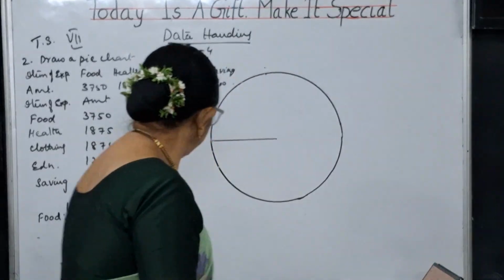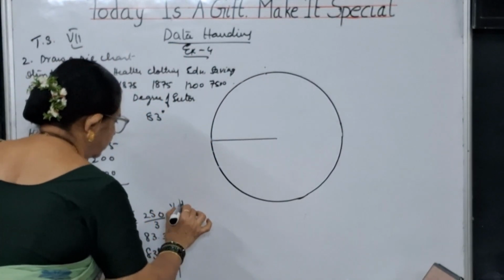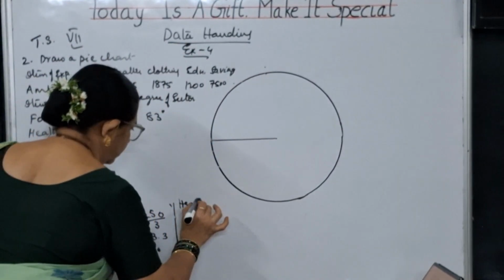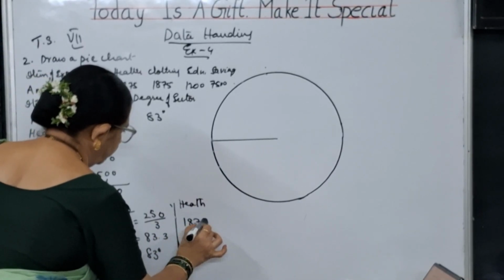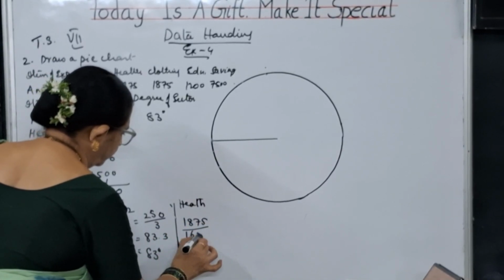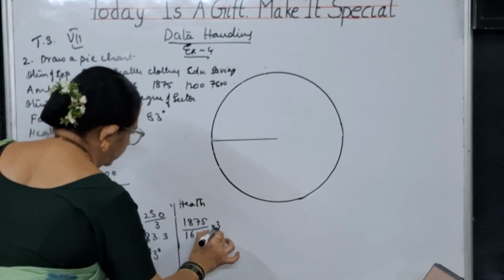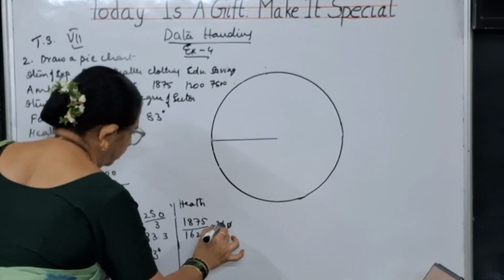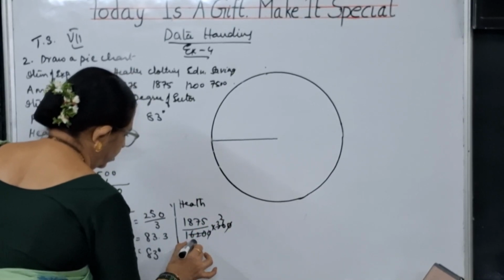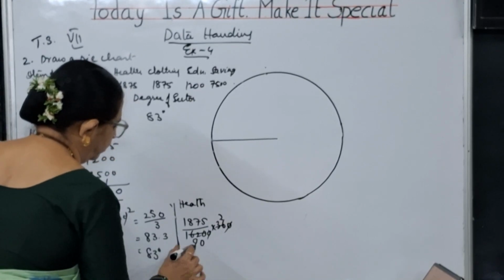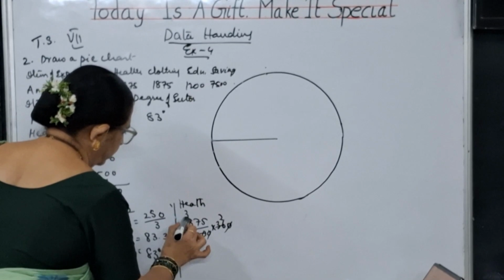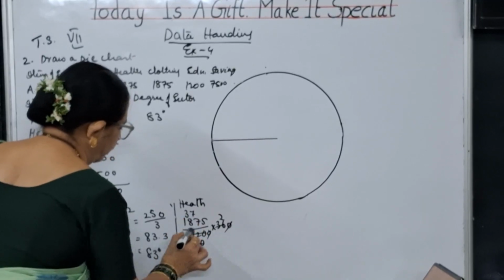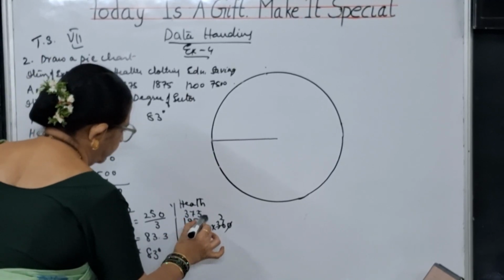Now we will see about health, children. Health: 1875 by 16200 into 360. So 0, 18 twos are 18, nines are 0. Then 5 ones are 5, eights are, 5 threes are 15, 5 sevens are 35, 5 fives are 25.